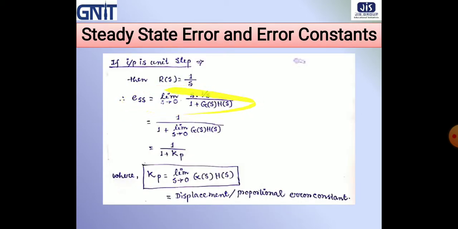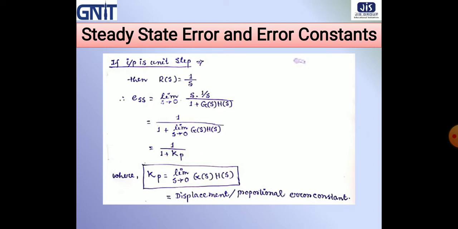If we put it in, and after taking limit s tends to 0, then we find 1 by 1 plus limit s tends to 0 of G(s)H(s). Now limit s tends to 0 of G(s)H(s) is termed as Kp, that is our displacement or proportional error constant.